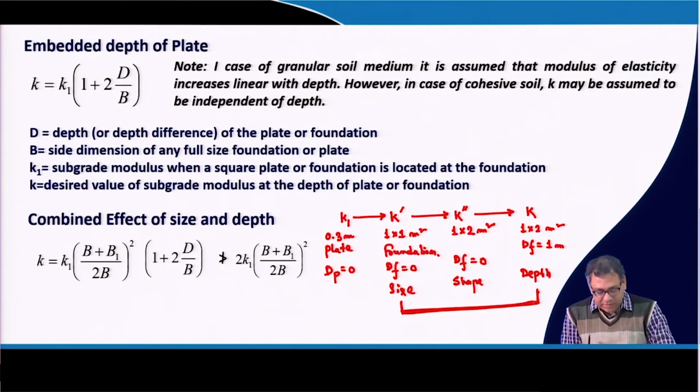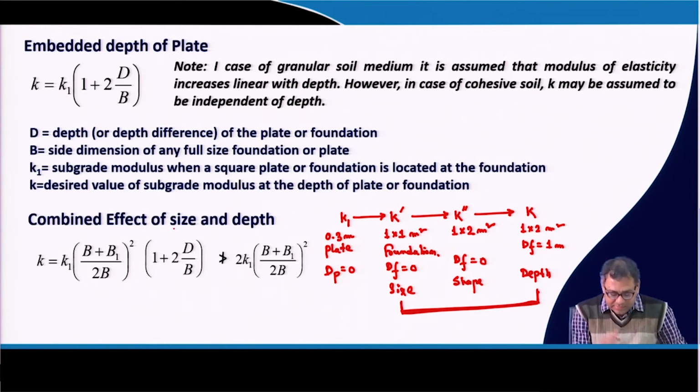But if you are using the size and the depth correction at a time, then this is your depth correction and this is your size correction. First part is your size correction. That means, you have to convert first to square footing, then you go for the depth correction. And when you are doing that, remember that you have to satisfy this condition.